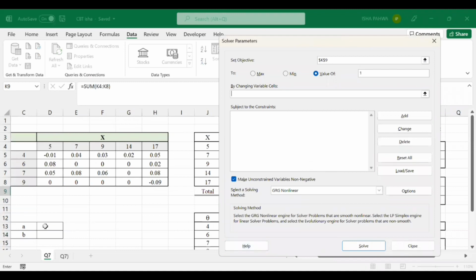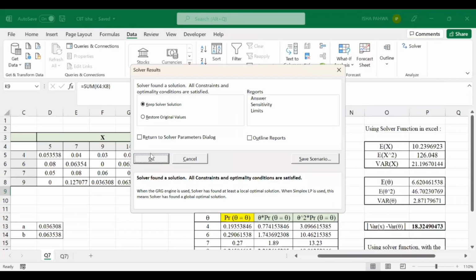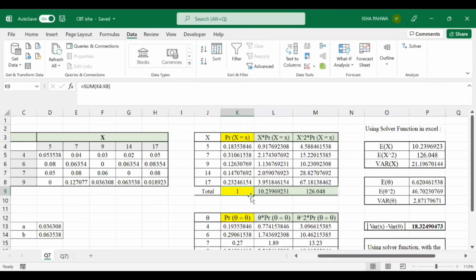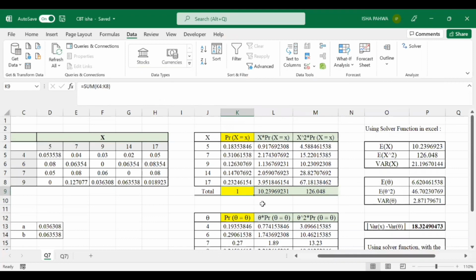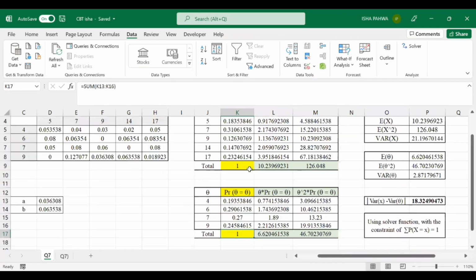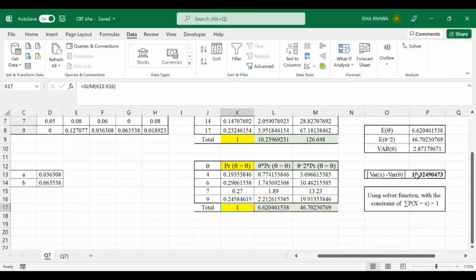They are basically A and B. So we can do this and enter this. Okay, so that's it, and then we can click on solve. Okay, so this is the value 1. And similarly for this, we get this value for 1.